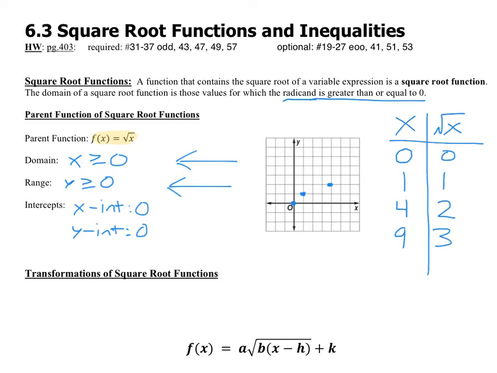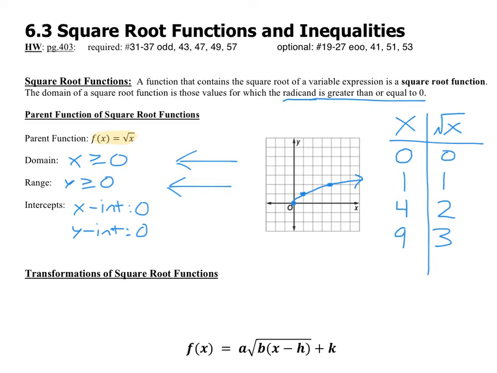So 9, 3. So the graph looks like this. So it's basically a sideways parabola, but only the top half of it. So think of the parabola y equals x squared. If we turn that sideways, but then we chop off the bottom half, that would be what we have here.